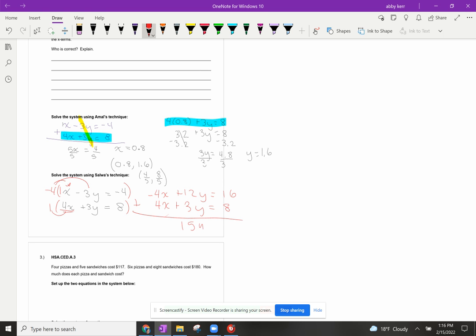So then I'm left with 15y equals 16 plus 8, which is 24. And if you simplify that, if you say 24 divided by 15, you're going to get y equals 1.6. And then you just plug it back in.